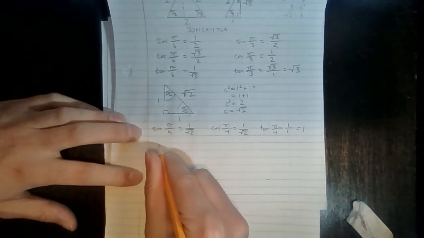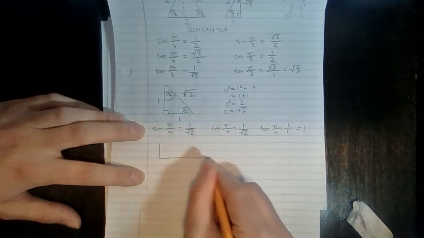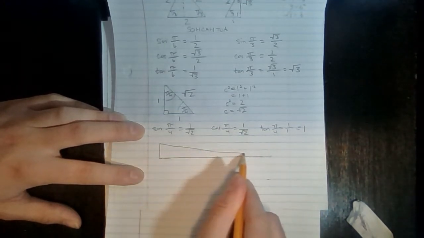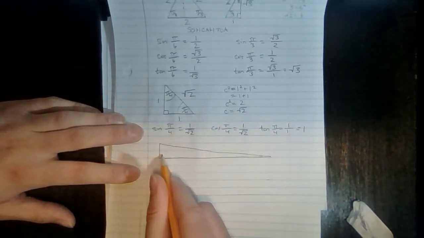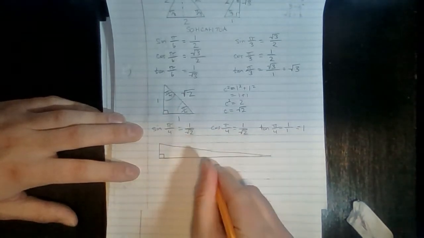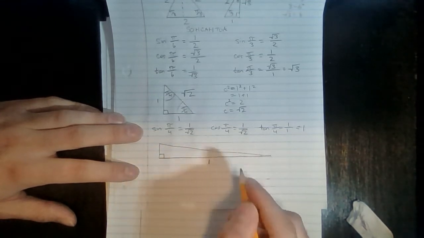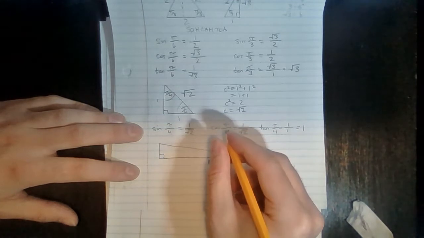On the lesson that's posted, there's also another look at this special triangle here, which you may or may not have talked about last year. That's okay. But in general, if we look at a triangle with a very long leg and a very short leg, and if we say this leg of the triangle is 1, our hypotenuse is very close to 1.